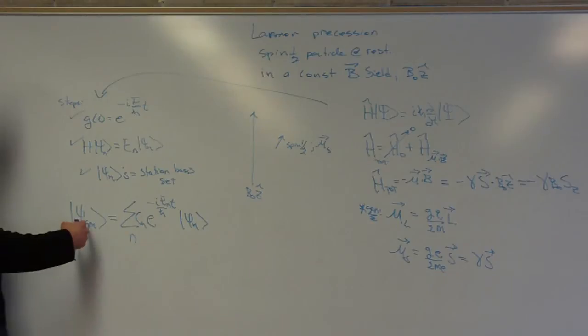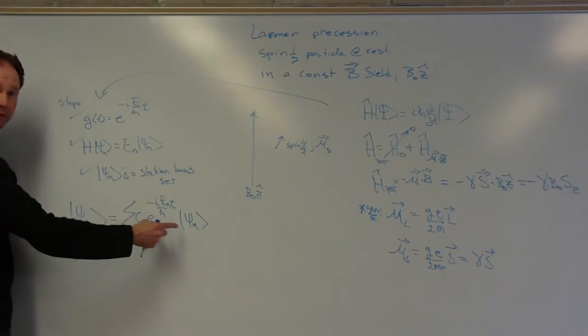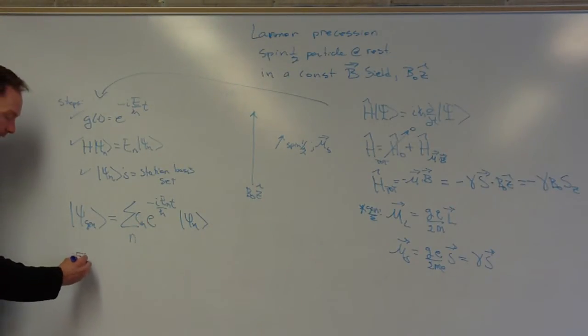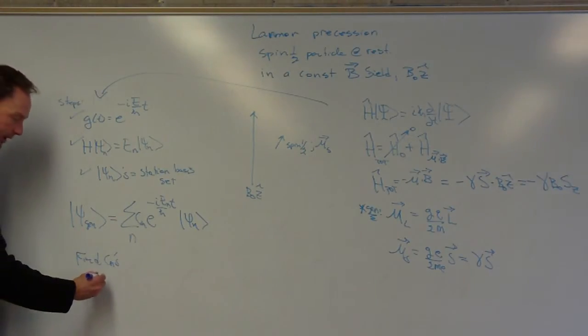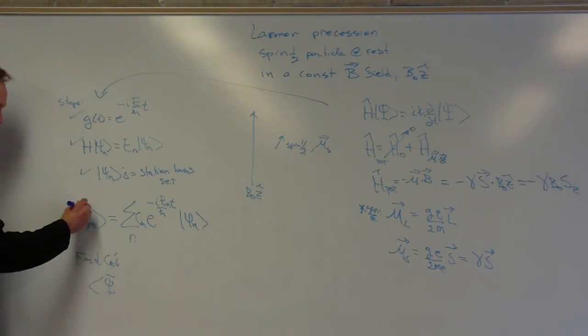So what I've done is I've got a complete basis set, it's a stationary basis set, and now I'm finding the projections onto the basis set. So then the next step would be to find the C_n's. Let's be careful with my notation.